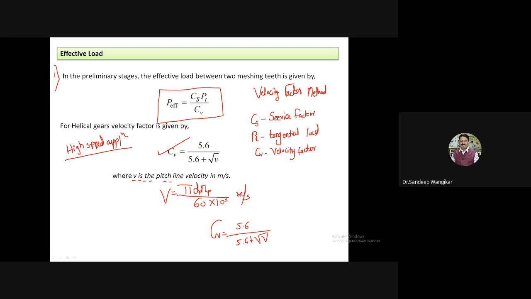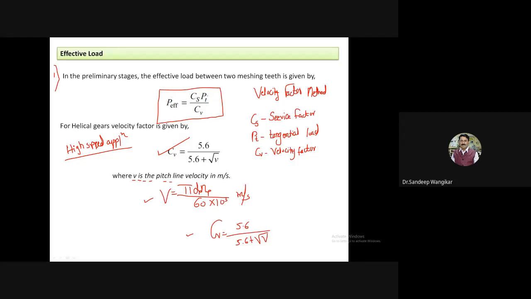So this is the effective load by using the first method. If module is given and we want to calculate power, then in that case we can calculate this V, we can calculate CV, then we can calculate P effective by using SB and SW relation.